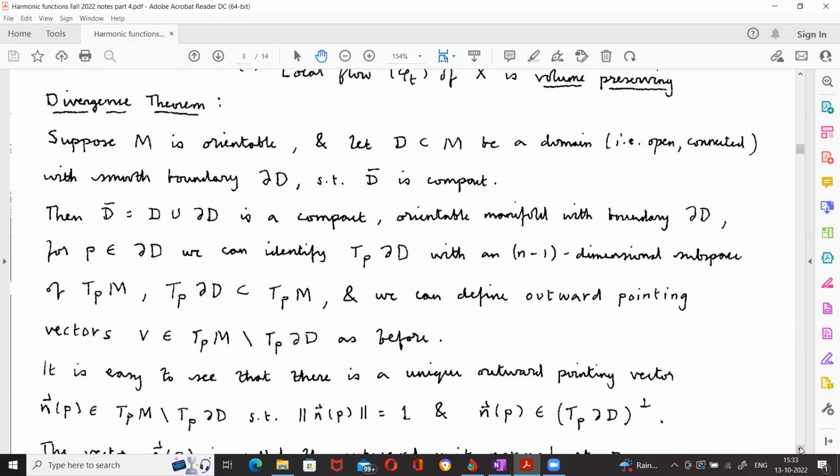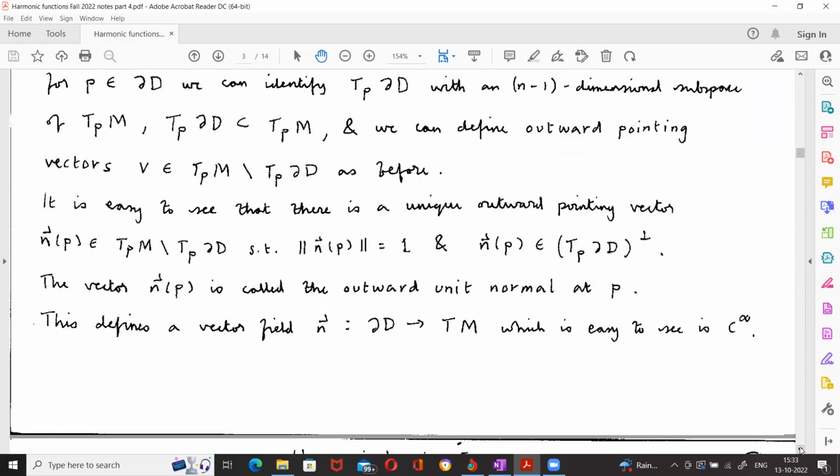And now, since we have a Riemannian manifold, there is in fact a unique outward pointing vector which is of norm 1 and which is orthogonal to the tangent space to the boundary. This tangent space to the boundary is of dimension n-1 sitting inside the tangent space to M. So its orthogonal complement has dimension 1.